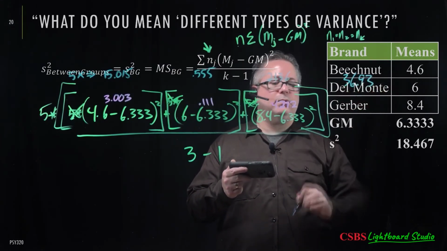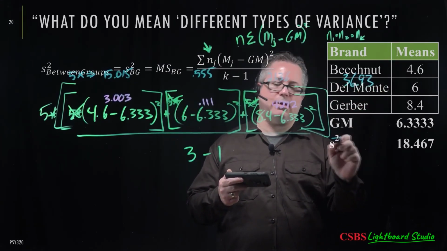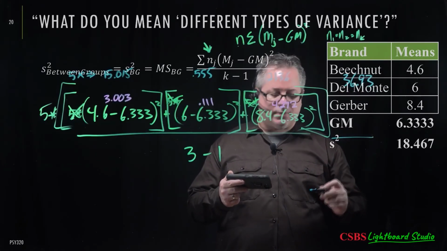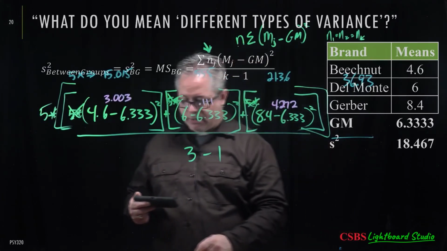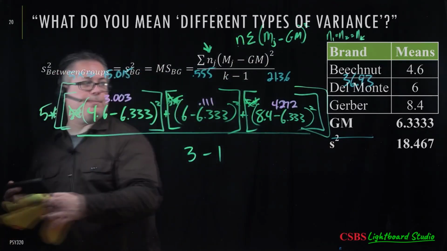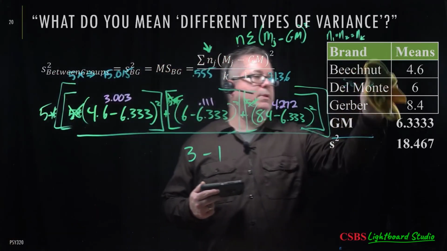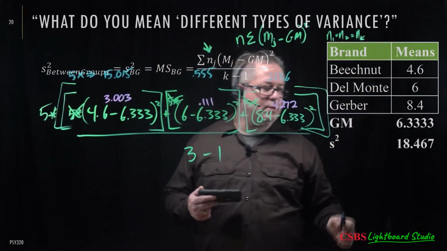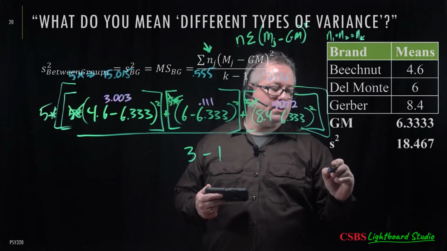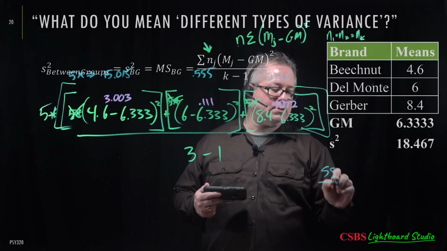36.93. All right, and we're going to divide that by the degrees of freedom.